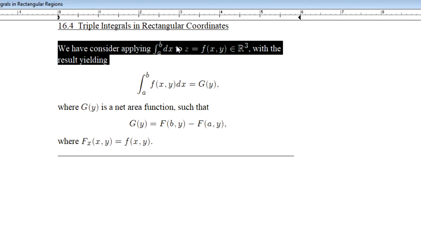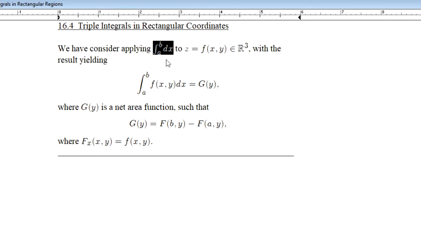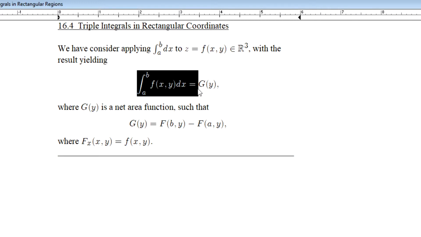Now, where we do begin is we go back to the beginning of double integrals, where we considered applying this linear integral operator to a multivariable function. What we saw is that when we apply this single integral operator, the linear integral, to a multivariable function, it yields another function. If our integration happens with respect to x, and we're dealing with a multivariable function involving x and y, the result is going to be a function in terms of the variable y.